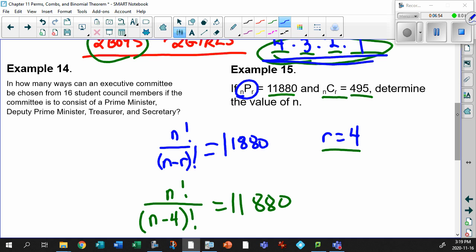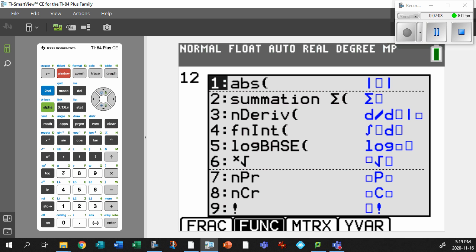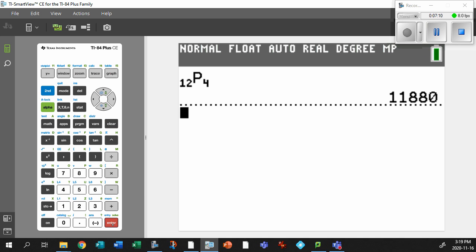So I'm going to have 12 pick 4, better give me 11880. Let's see if that actually works in my calculator. 12 pick 4. Yeah, that works.